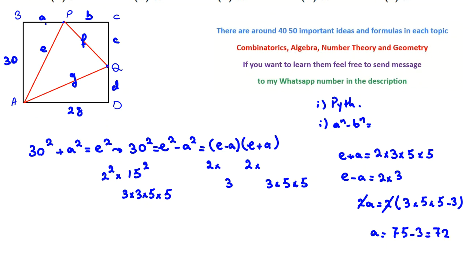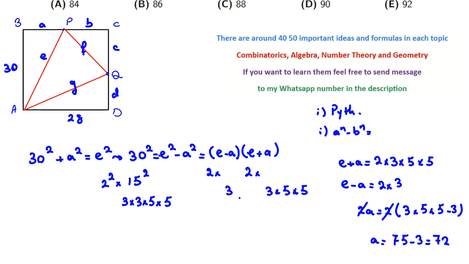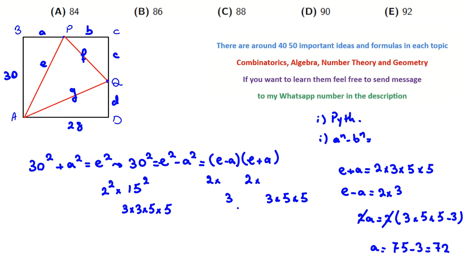No, because a is at most 28, so the difference should be at most 28. So 3 is not possible. Also, if you say 5, then 3 times 3 times 5 is 45, minus 5 is 40, so a would be 40, but a should be at most 28. So 15 and 15 is not good for the smaller one.